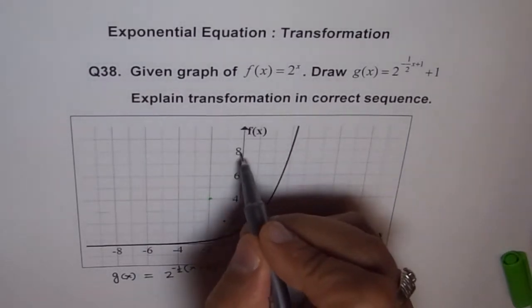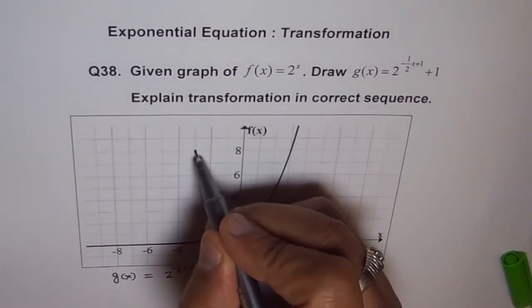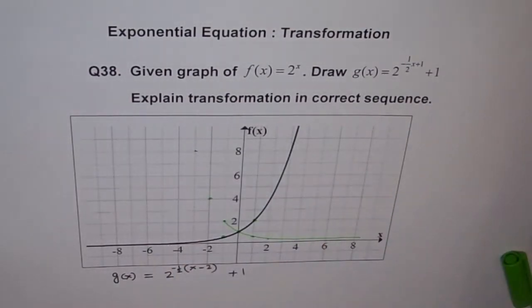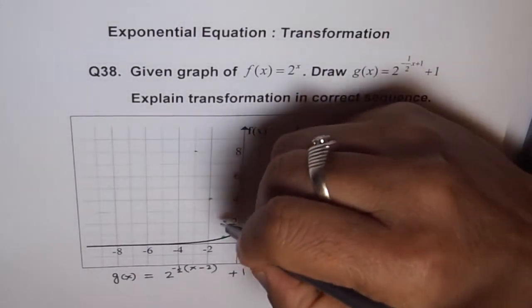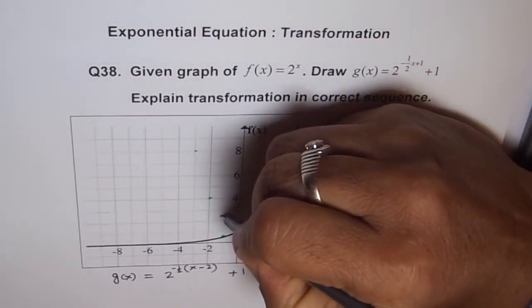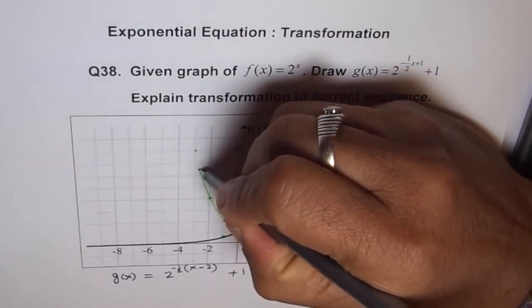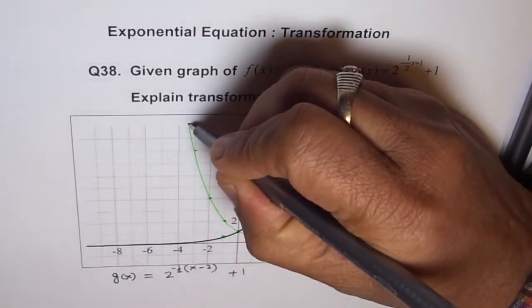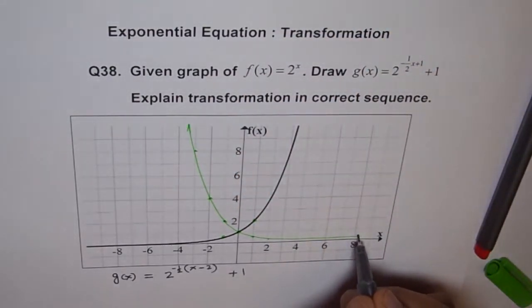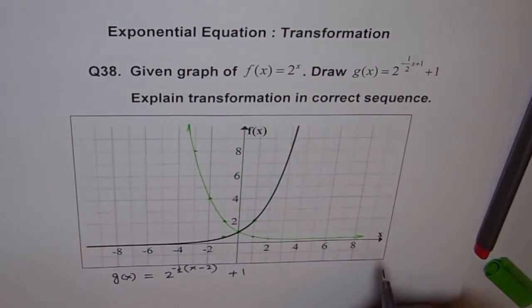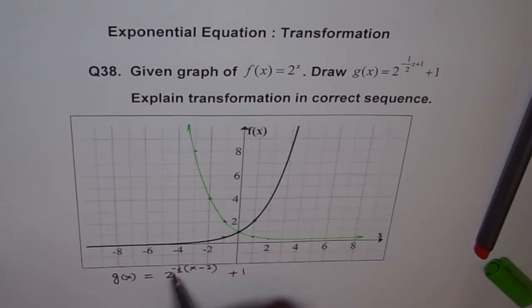So that 8 will be the value at minus 3. With that, I can reflect this graph on the y-axis and sketch it. Is that okay? And similarly, this approaches 0 as it approaches infinity. So we have taken care of the minus sign.